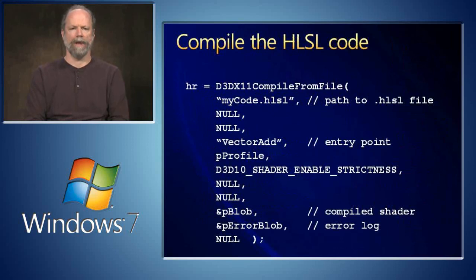So this is an example of a call to compile. We have a utility function in D3DX that takes in a source file name as an individual file that you can load directly as a convenience function.